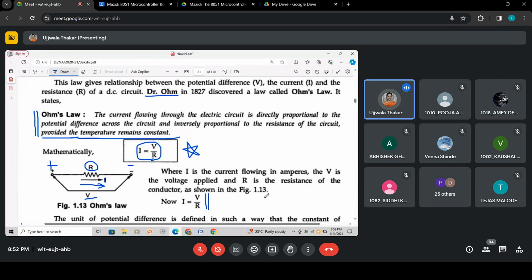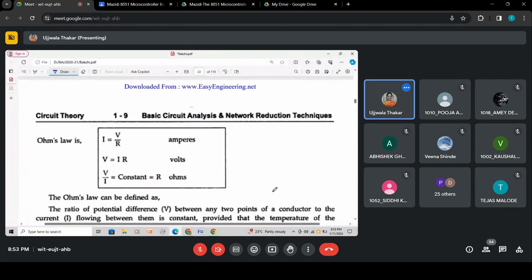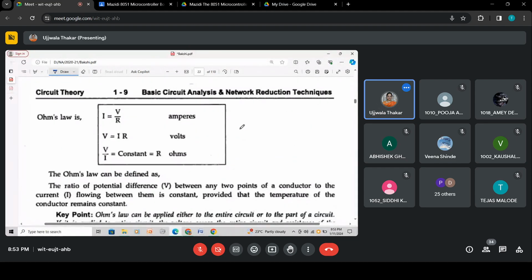You should not forget this law. All the time you are going to see V is equal to I into R, or I is equal to V divided by R. In this equation, R is constant. This is the basic Ohm's law. You should know this.